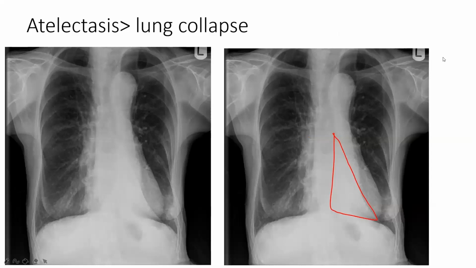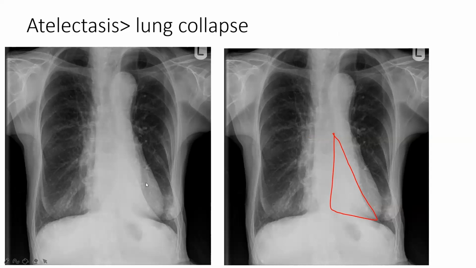I think I'm running out of time, so I'm just going to quickly go through this. The other thing that we can see in chest X-rays is atelectasis, which basically means collapse of a segment of the lung. It could be a very small segment, or it could be the whole lung on one side. This is a very common one.